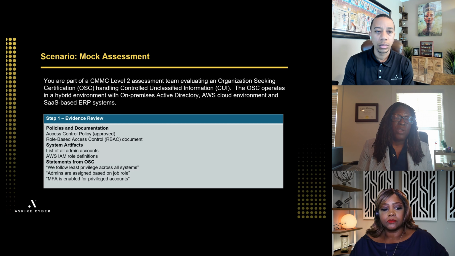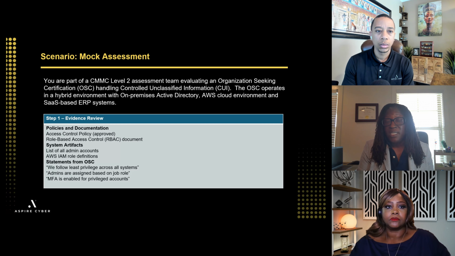In gathering that evidence, the core pieces I recommend are any policies, any documentation, SSPs, DFDs, data flow diagrams, any type of documentation that you can tangibly retrieve, access, and review.